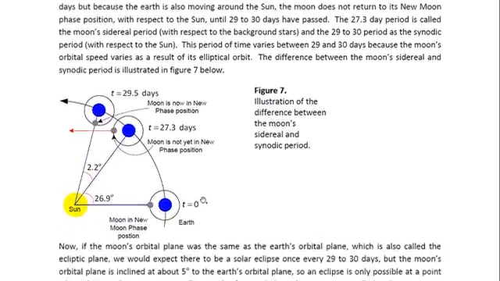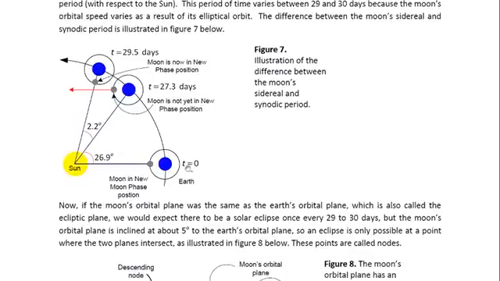And this diagram represents the moon and the Earth with respect to the sun, and it illustrates the difference between the two periods. So here is the moon's position where we would get an eclipse. The moon is exactly between the Earth and the sun, so it's in its new moon phase.